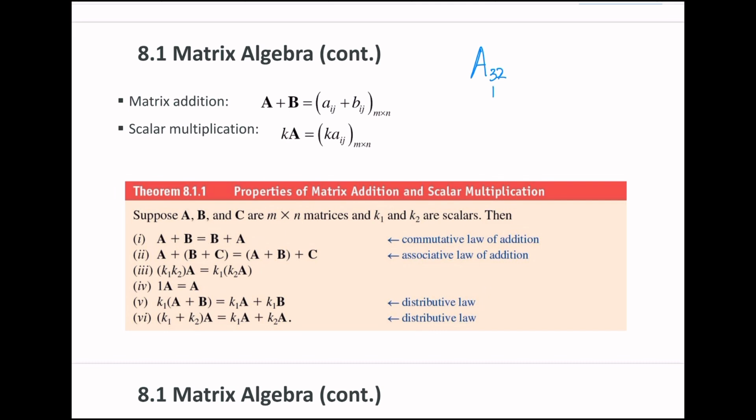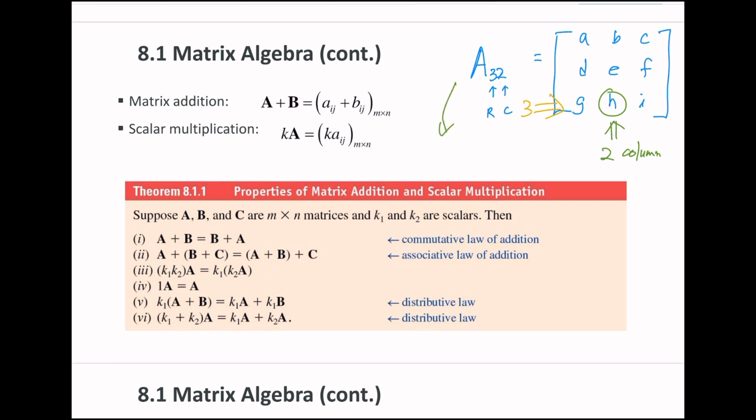That means this is the row and this is the column. So we have A, B, C, D, E, F, G, H, I. That means third row, and then second column. So the answer should be H.